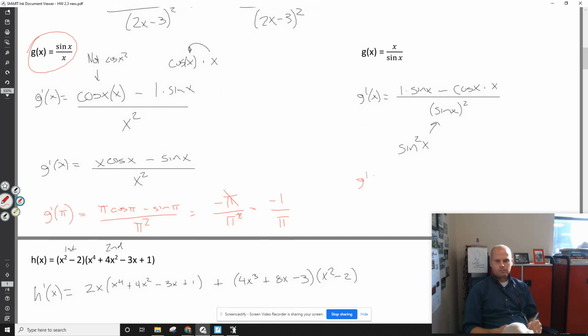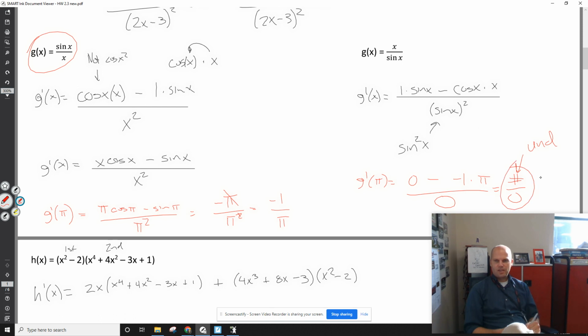Over here, plugging in pi, sine of pi is 0, cosine of pi is -1. Ooh, this is our first instance, maybe not our first instance, of a number over 0. Number over 0 is undefined.